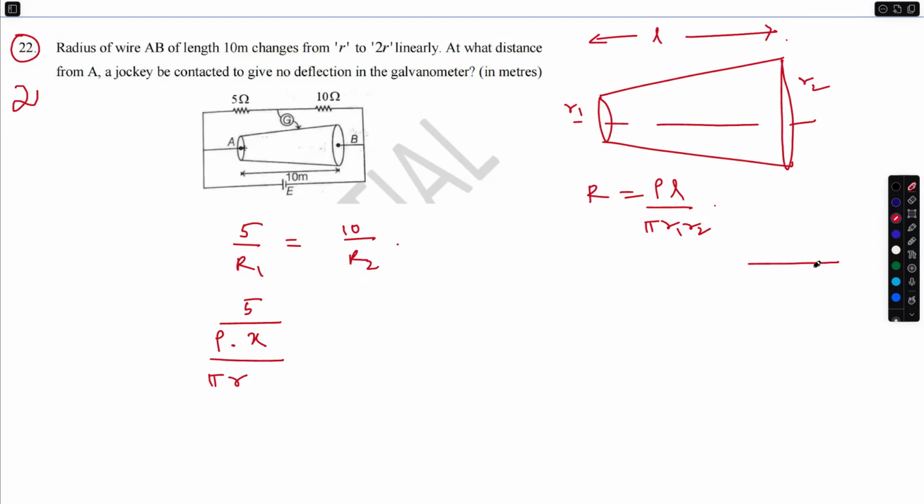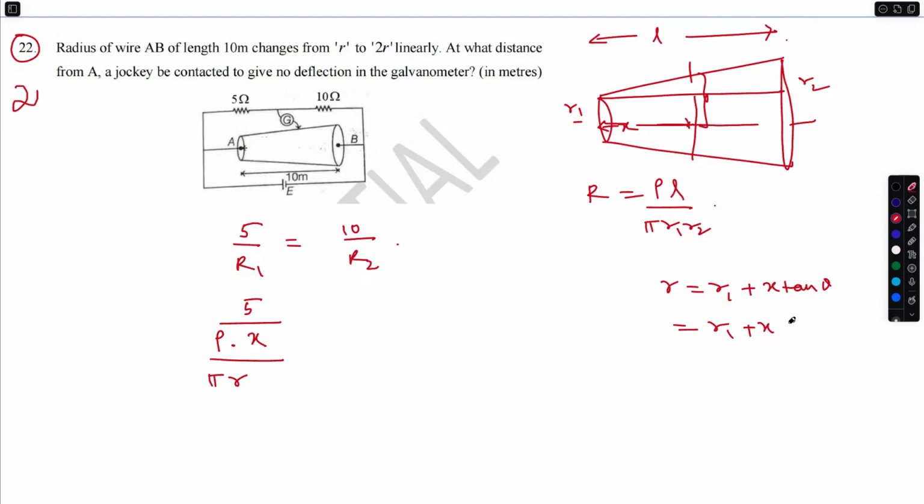Actually, this is a bit of a headache question. If you are at X location, the radius at that point, the instantaneous radius, is R1 plus X tan theta, where X, of course, is the same.